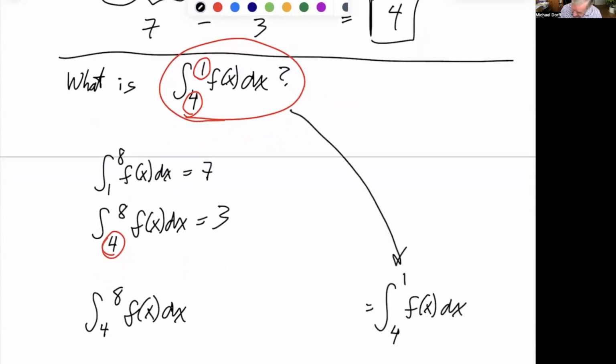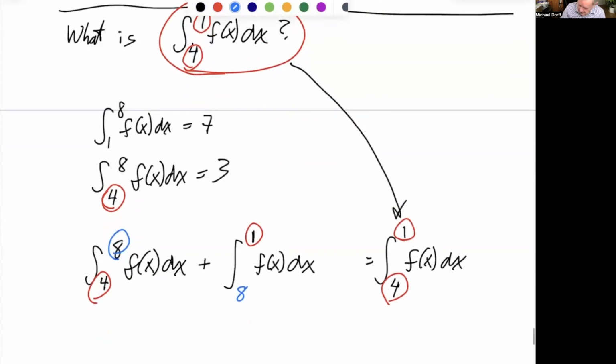So what do I need to do to make that the same? Well, I need to have a 1 up here so that these both have 1s and they both have 4s. And to match that out, we have an 8 up here, so I need an 8 down here.